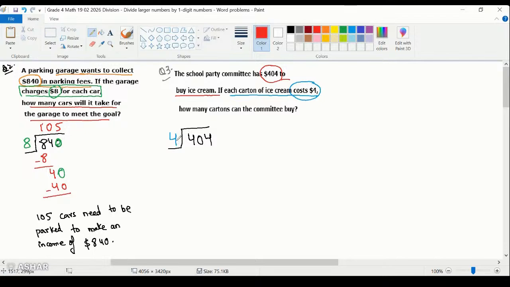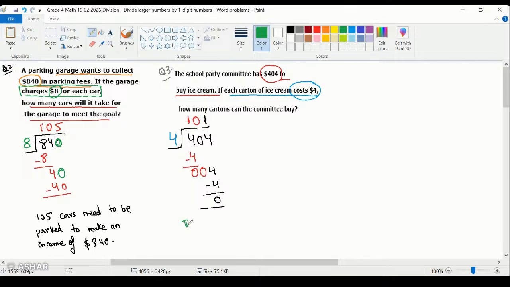We can say 4 times 1 is 4, right? 0 cannot be divided. So you put a 0 and we were left with a 4. We put a 4. That means 4 times 1 is 4 and 0 is left. That means how many cartons of ice cream?